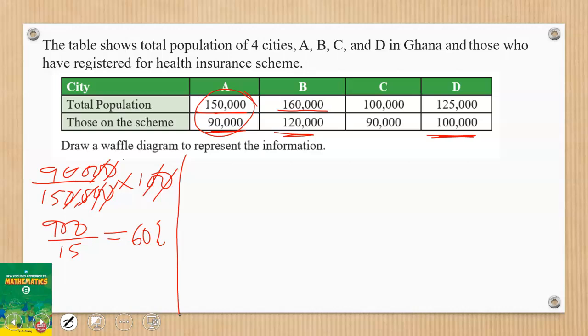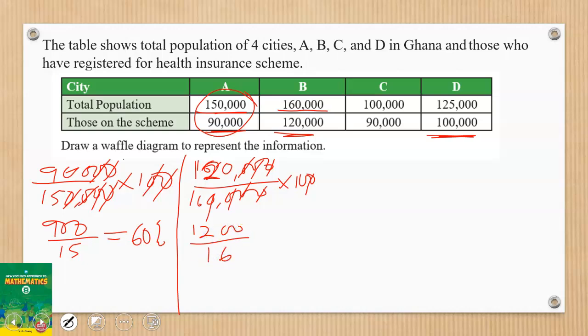Then we pick the second city, which is city B: 120,000 over 160,000 times 100. Again, we can cancel the zeros, so we have 1,200 divided by 16. And when you have 1,200 divided by 16, that will give us 75%.